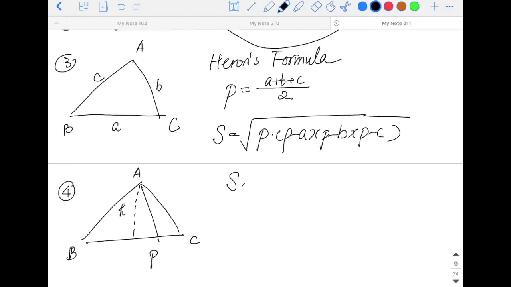So the area of triangle ABP and triangle ACP, the area ratio will be exactly the same as the bottom ratio, provided they share the same height. Right? I think these are very understandable.